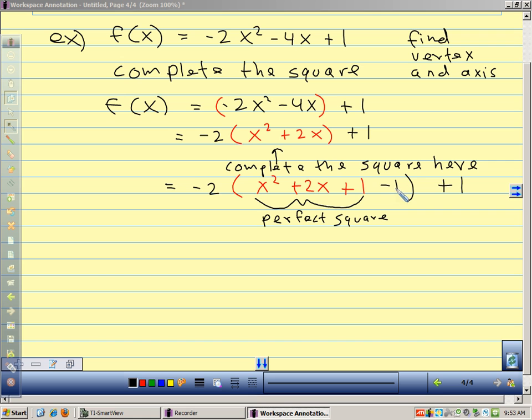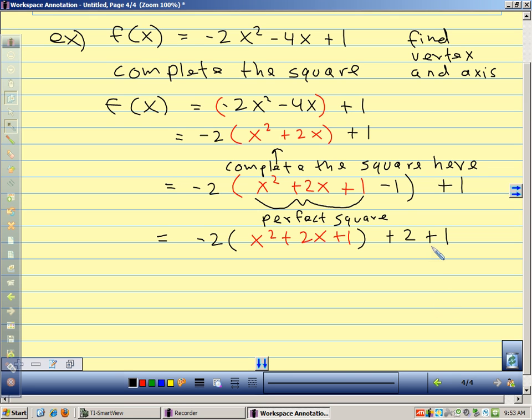So to take this outside the parentheses, I have to make sure I distribute that negative 2. So I'm going to rewrite this as negative 2 times x squared plus 2x plus 1. That's the part that is now a perfect square. Negative 2 times negative 1 is positive 2. So I'm going to add this positive 2 outside.